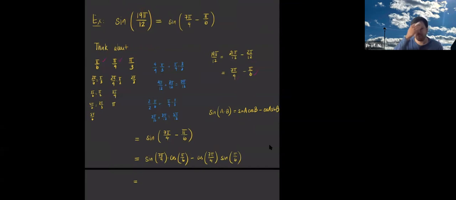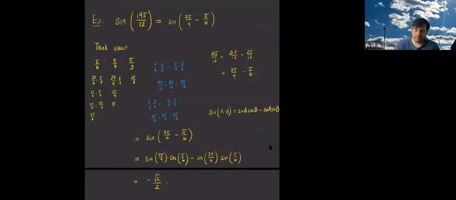So what is 7 pi over 4? Where is 7 pi over 4? 7 pi over 4 is in the fourth quadrant. Sine is negative, and the reference angle is pi over 4, so it's negative rad 2 over 2.